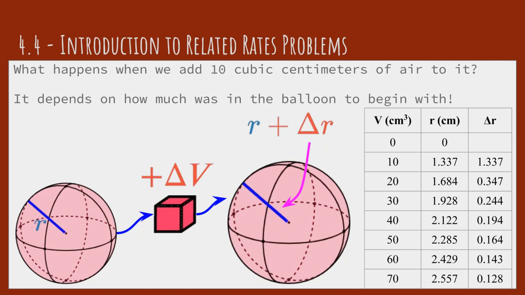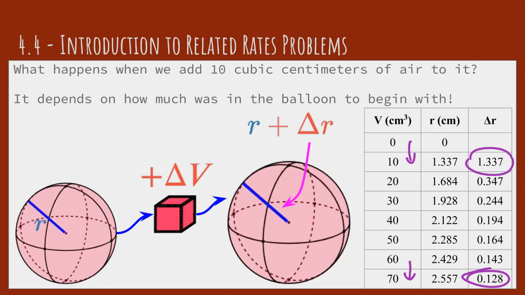At first, an addition of 10 cubic centimeters makes a bigger difference, and as the balloon gets bigger, the change is getting smaller each time. The reason this happens is that by adding volume to the balloon, essentially that volume that we add increases the outer part of the balloon.